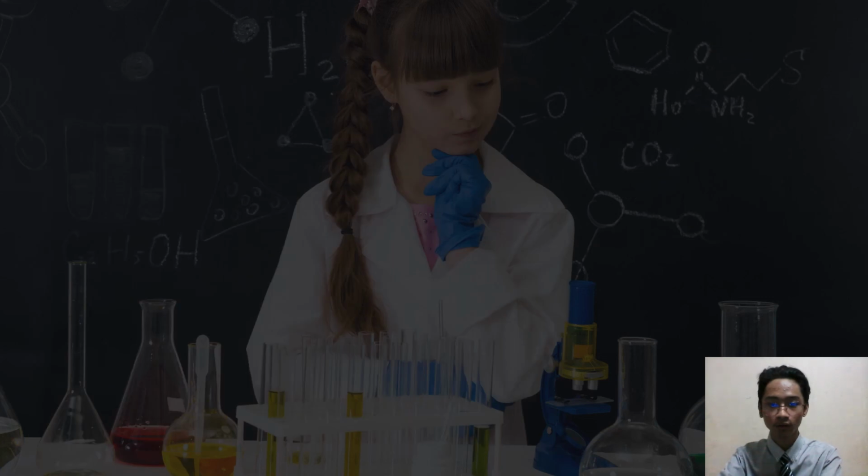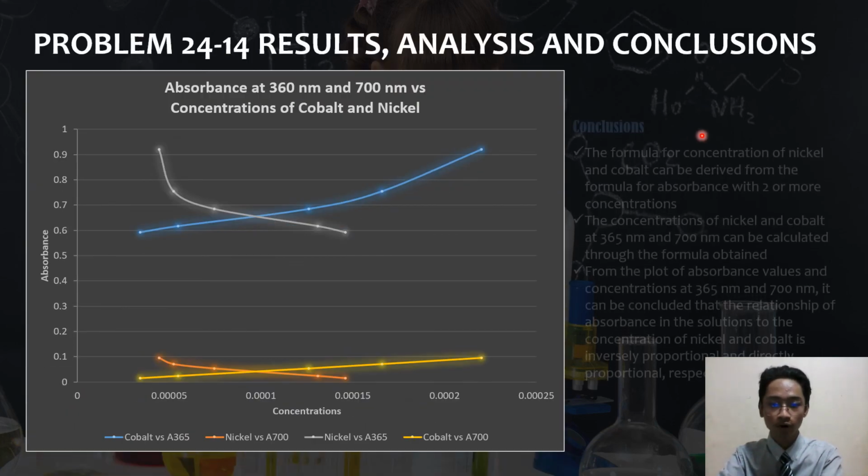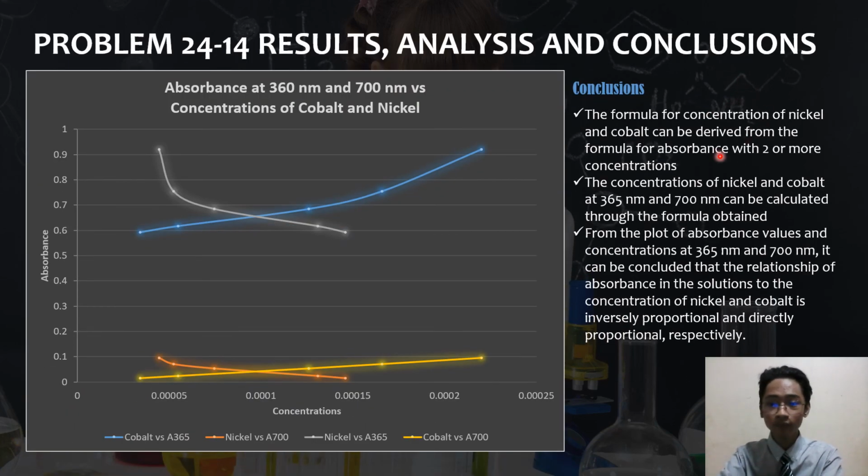For our conclusion, the formula for concentration of nickel and cobalt can be derived from the formula for absorbance with two or more concentrations. The concentrations of nickel and cobalt at 365 nanometer and 700 nanometer can be calculated through the formula that was obtained.